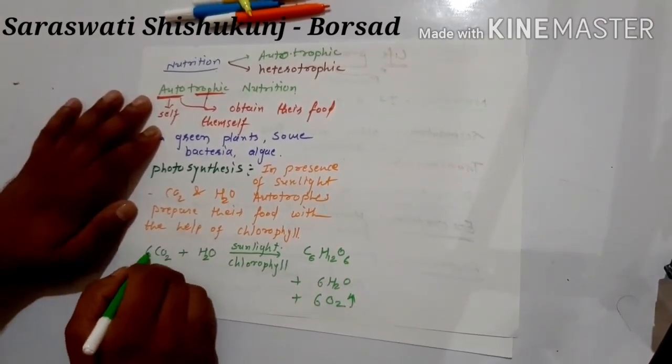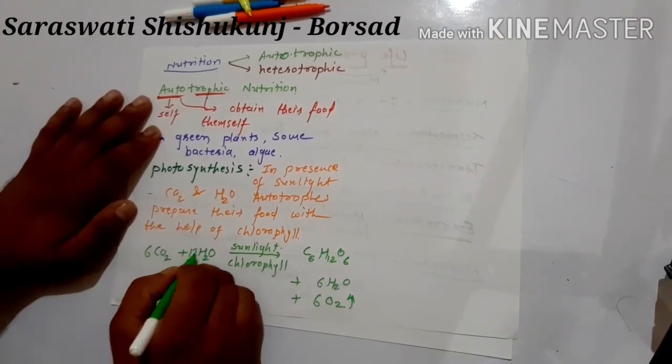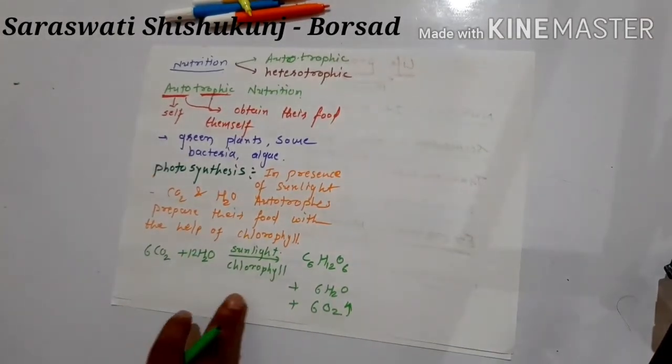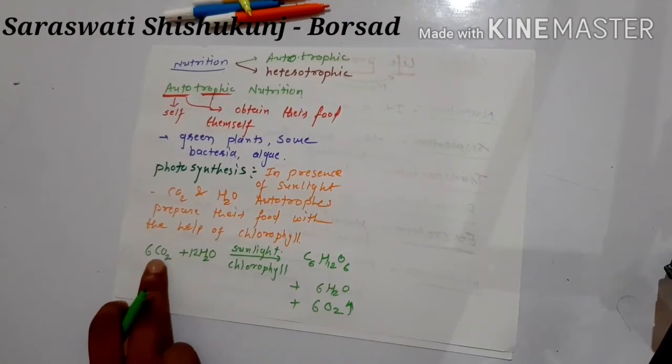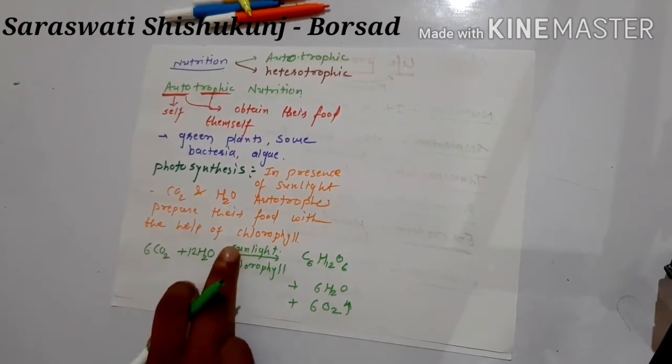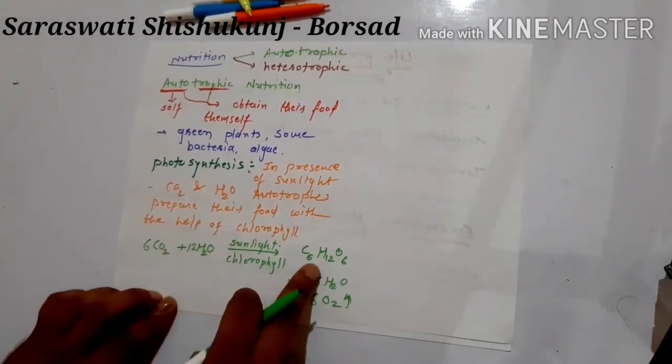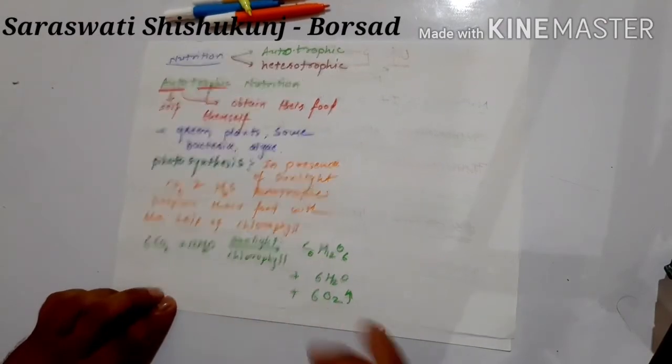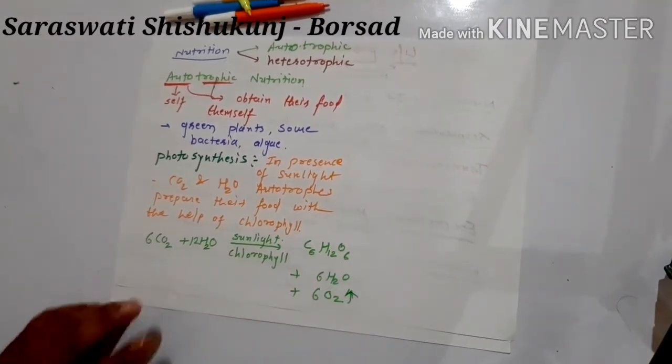So this way photosynthesis is done by using carbon dioxide and water in presence of sunlight and chlorophyll. We will get glucose plus water, and oxygen gas is going to get released.